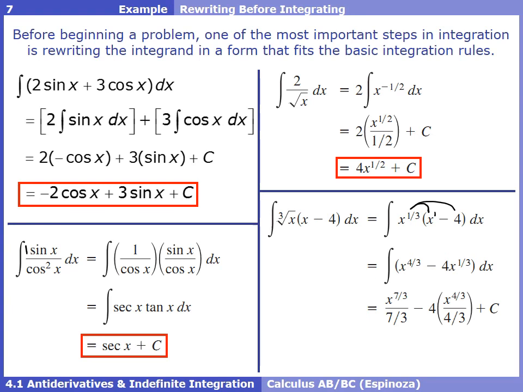Like you heard me say in the previous example, we could technically leave this as the final answer, but definitely we need to clean this up and make it look a little more simplified. So these fractions in the bottom, to get them out of there, we're just going to multiply by the reciprocal. So 7/3 becomes 3/7, x to the 7/3. When we multiply 3 over 4 times 4, that gives us 3 x to the 4/3, and then again we have that plus c at the end.